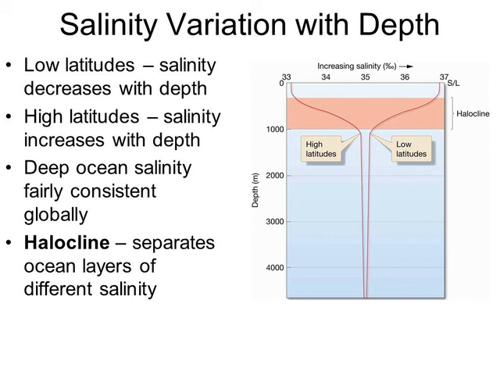If we say the average salinity at depth is about 35 parts per thousand, you can see the graph there. At polar regions, you'll see 33 parts per thousand at the surface waters, and you'll see 37 parts per thousand at the surface waters near the equator.